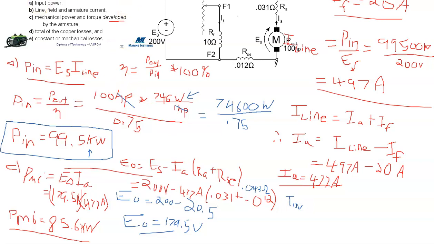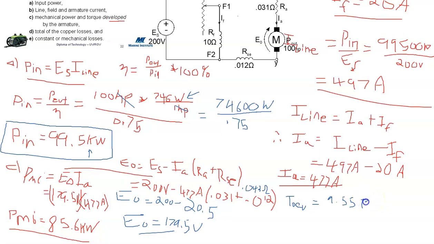The definition talks about torque developed, and when it's defined as torque developed, it means that we're using PMI as the power developed by the armature, and that gives us the torque developed. P out is less than PMI, which means the torque output is generally less than the torque developed, right?